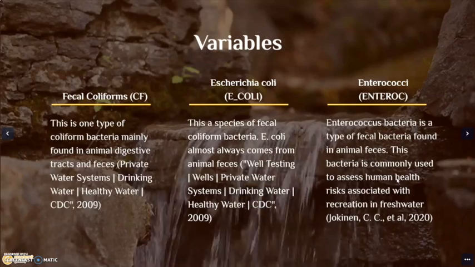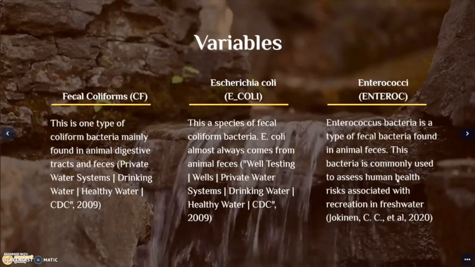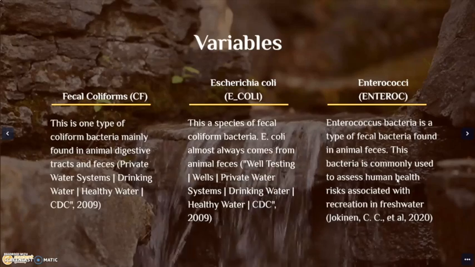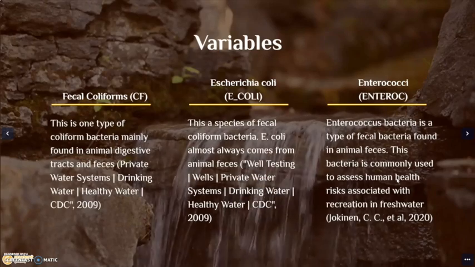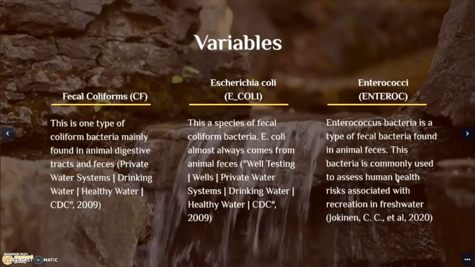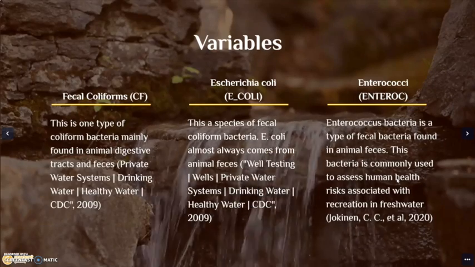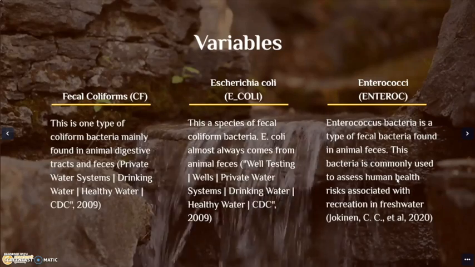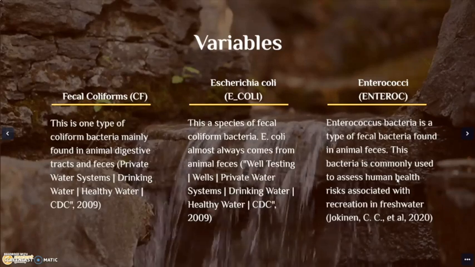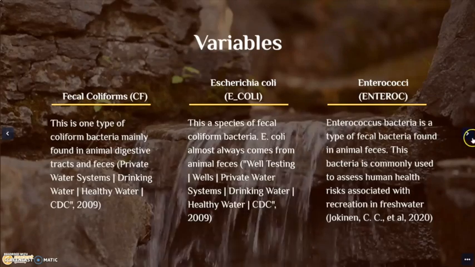Then we have Enterococci or Enterococcus bacteria, which is a type of fecal bacteria found in animal feces, and it is also considered less likely to appear in water except in nutrient-rich environments. This bacteria is commonly used to assess human health risk associated with recreation in fresh water.